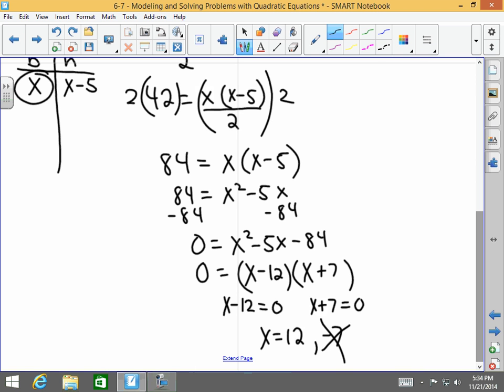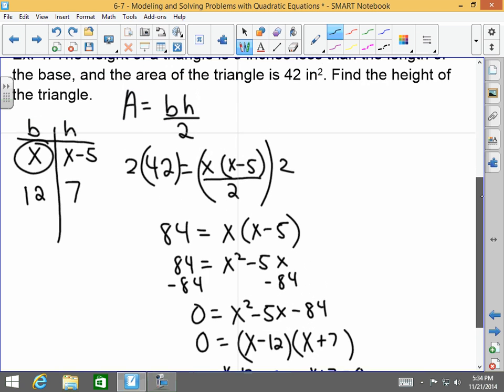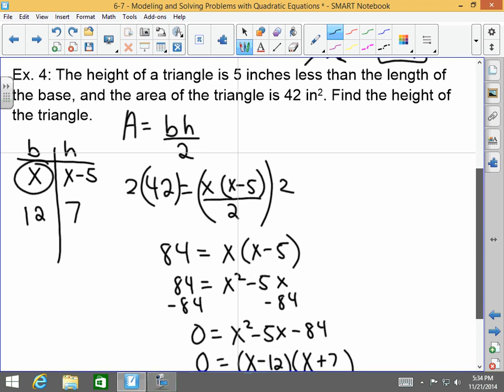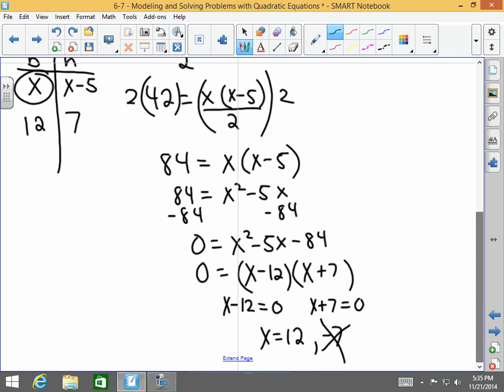And x equals 12. And 12 minus 5 is 7. So I have now a base of 12 inches and a height of 7 inches. And 12 times 7 is 84, divided by 2 is 42, and bingo, that works.